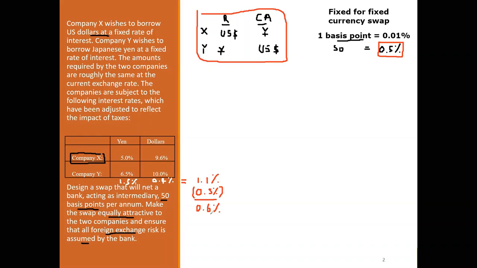We have to divide this benefit equally among X and Y. So 0.6% should be equally divided among X and Y. If that's the case, X will get a benefit of 0.3% and Y will get a benefit of 0.3% as well. So these are the benefits that X and Y will get from this swap agreement.